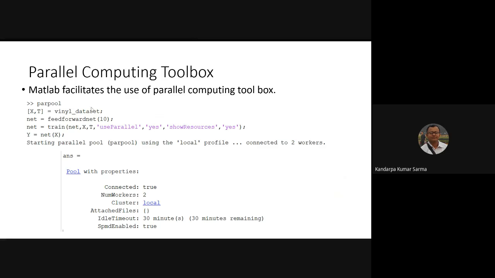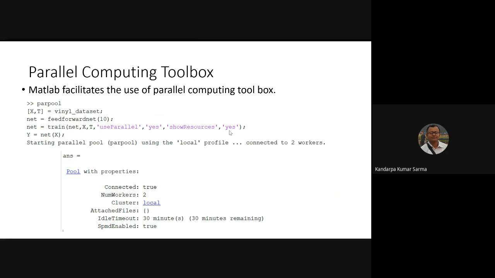So you are giving the pattern and the target, then use parallel processing on. So that you are saying yes. So for the use of the parallel processing toolbox, you are giving the primitive yes. Then for showing resources, you want to display the resources that are used for doing the parallel processing based training. You are saying yes, you display the resources.